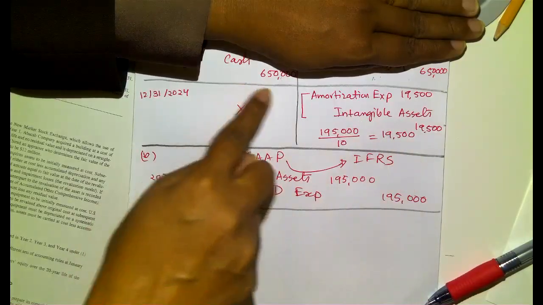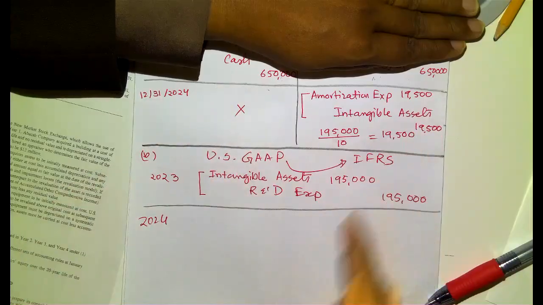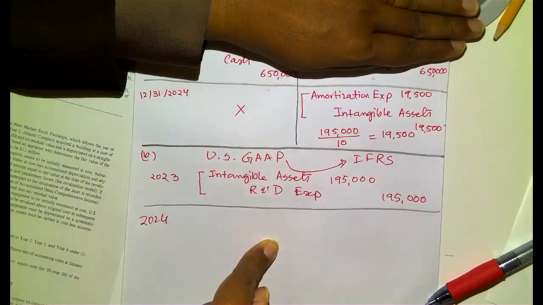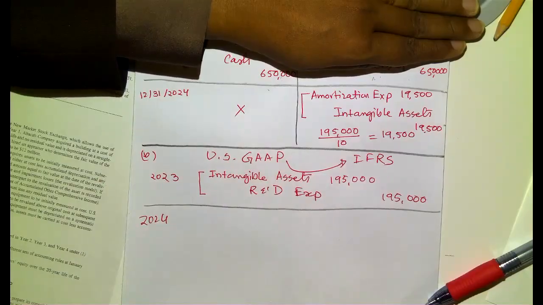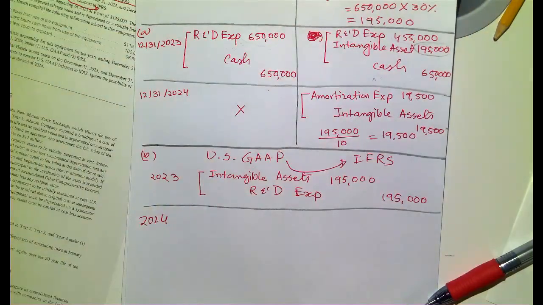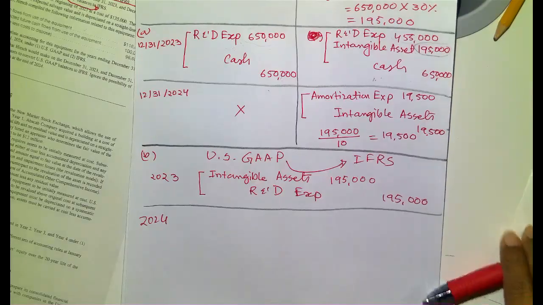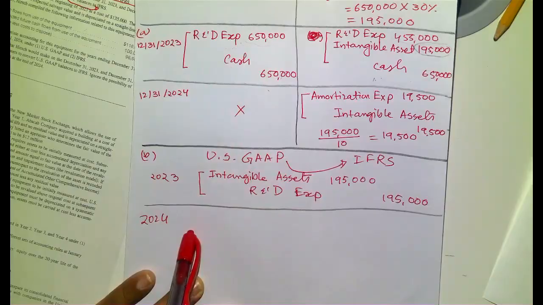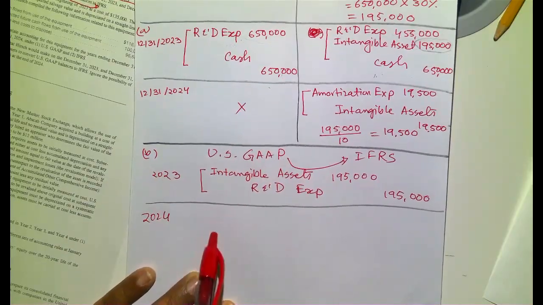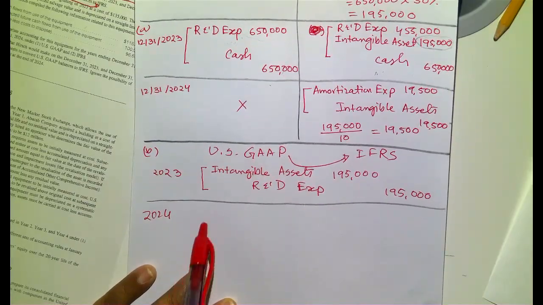And I did not reduce any intangibles. I'll reduce the intangibles. This is one thing. Second thing, remember last year I didn't have any intangibles. Now second year I'm doing the conversion entry.